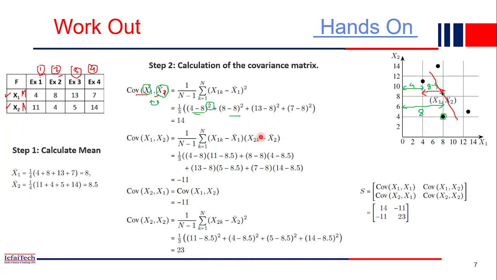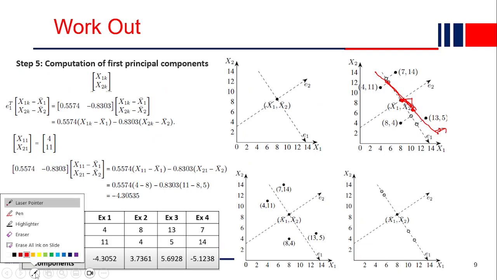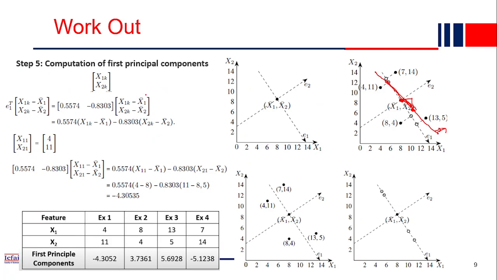Let me write it here. This is 8 and this average is 8.5. For the first point, the x1 value is 4, and the second value of the first point is 11.